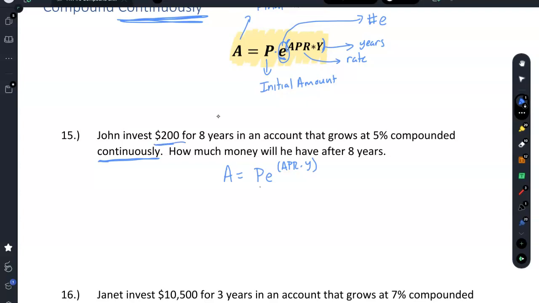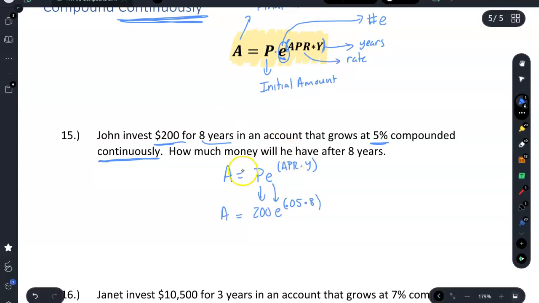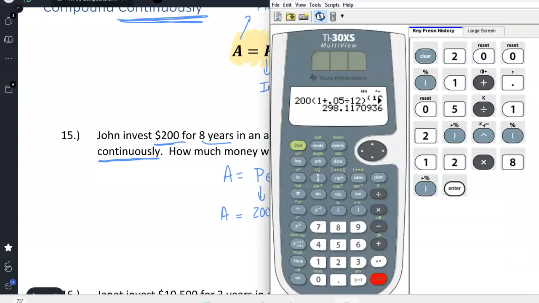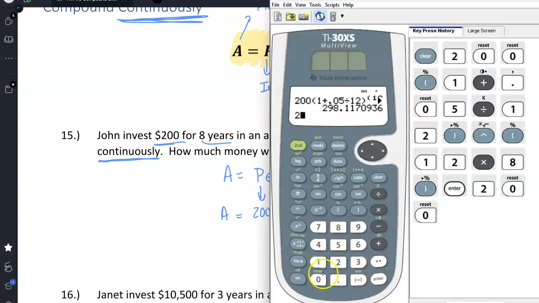He invested $200, so this would be $200. E is E. This was at 5%, so that would be 0.05. And this was for 8 years, so times 8. I'm going to put parentheses around that. And I have A equals this. I'll grab my calculator for this one too. So this was 200 times E. E is going to be on different locations on different calculators.